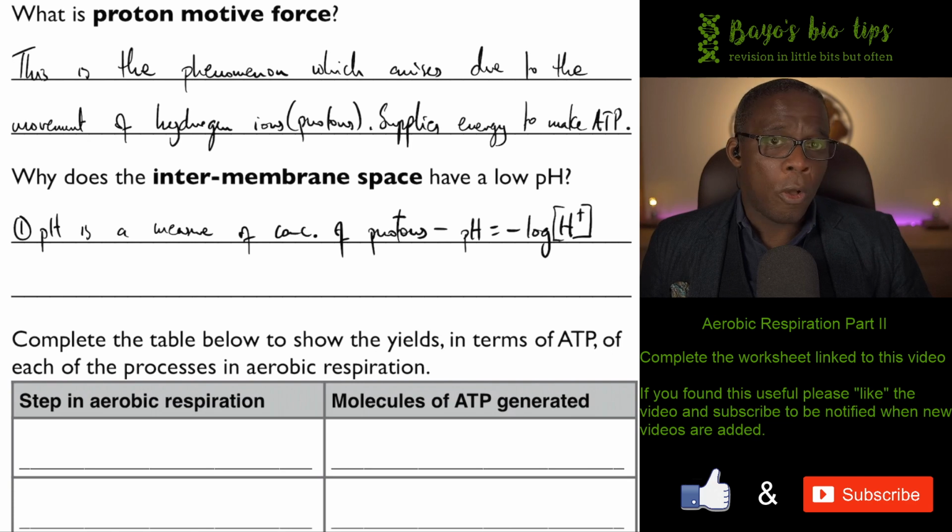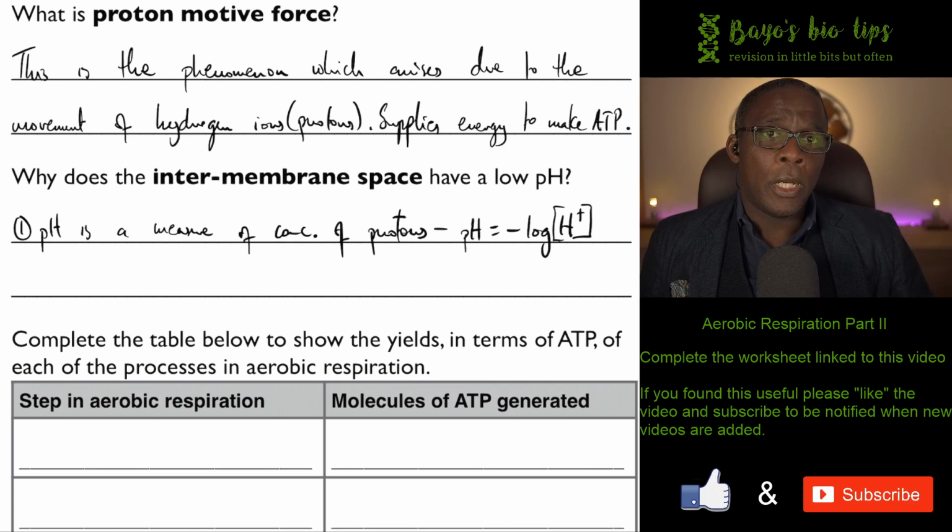By plotting log instead, you end up with a straight line. So you can take what would be an exponential growth in numbers and turn that into a linear growth in numbers by using log rather than the raw concentration of hydrogen ions. And because it's a negative figure, you end up with a situation where it's the inverse in essence.